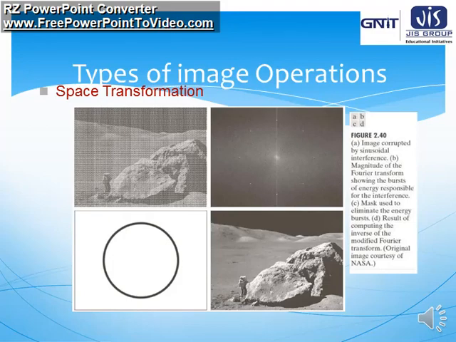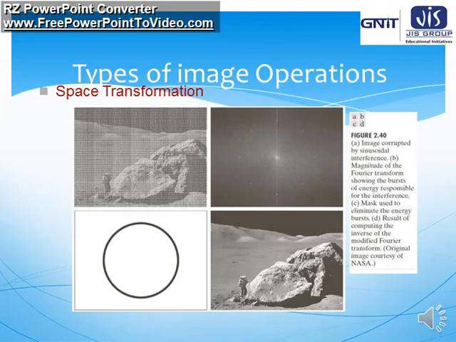You can see the first image, which was corrupted by sinusoidal interference, is much clearer in the last image. So if we compare the first image with the fourth image, we can see the difference. So with different types of space transformations, the image may be enhanced, or its quality may be much better.